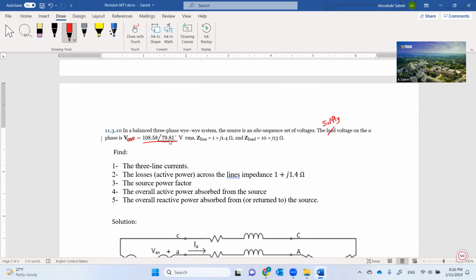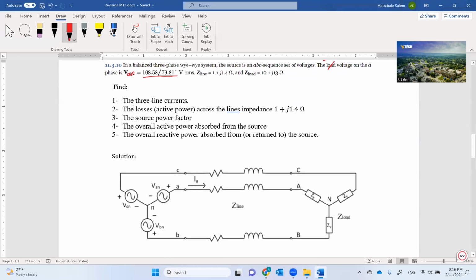And we have a transmission line of 1 plus j1.4, and we have a load of 10 plus j13 ohms. We need to calculate the following. Firstly, we need to get the three line currents. So this is our power system. We have load, we have transmission line.